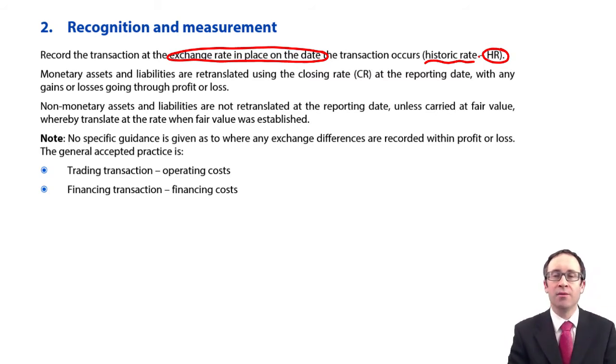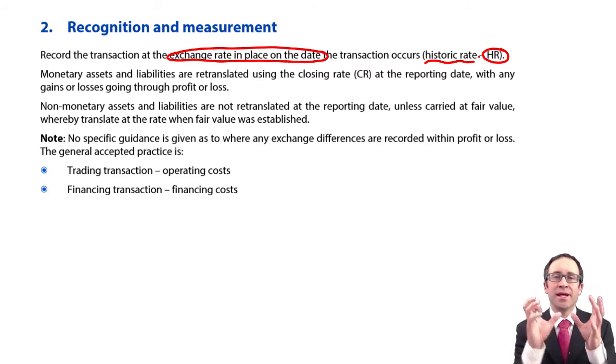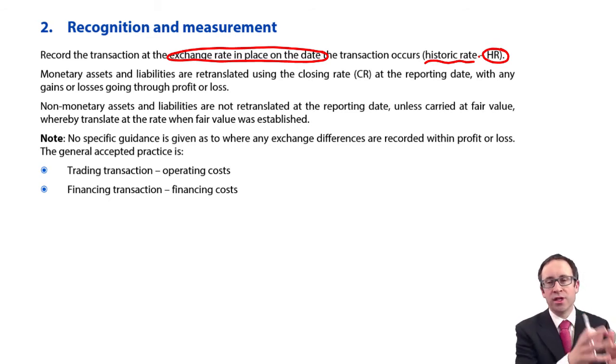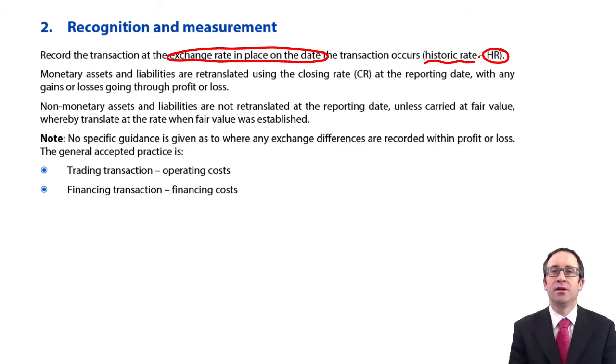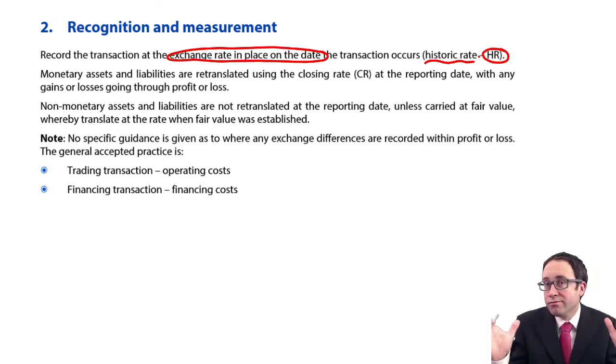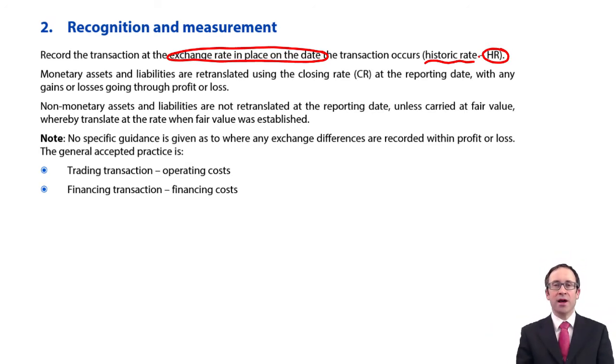Okay, so nice and simple. Take the value on the invoice in the overseas currency and convert it using today's rates to get it into the functional currency. That's it. There's nothing challenging there, is there?